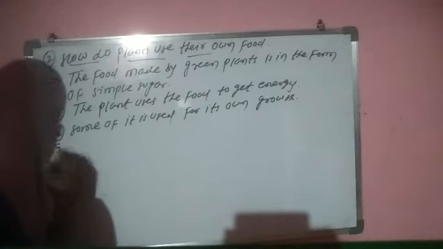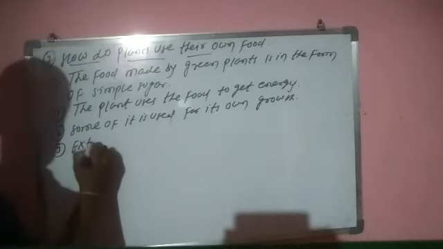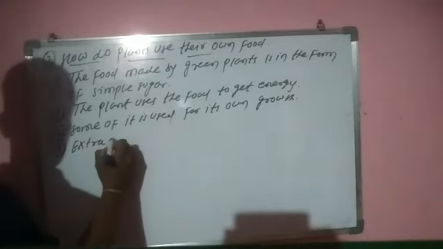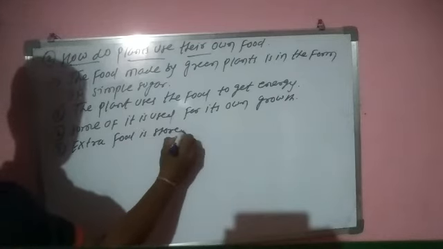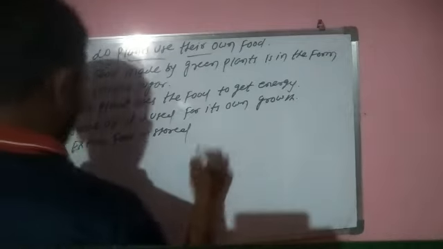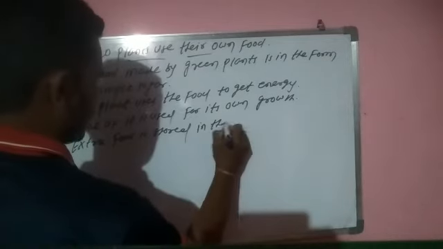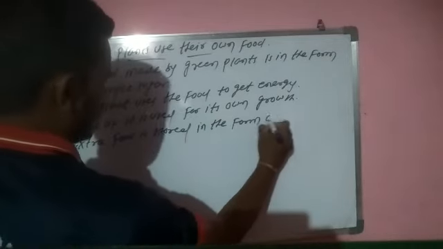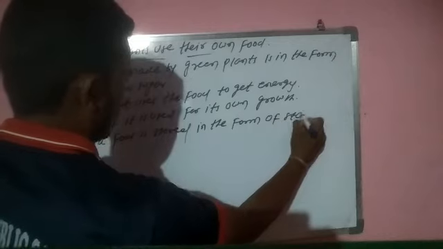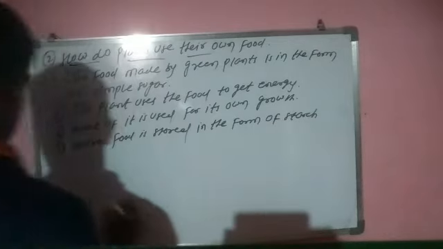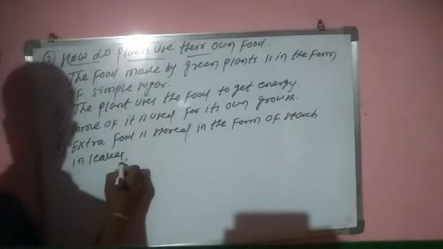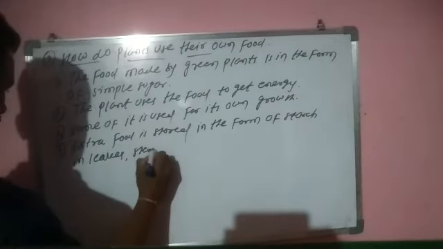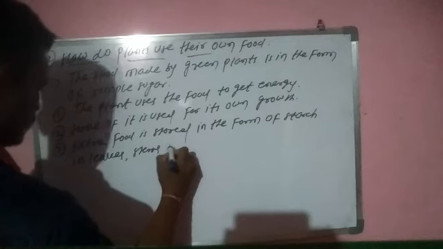Now see number third. Extra food is stored in the form of stock in leaves, stems and roots.